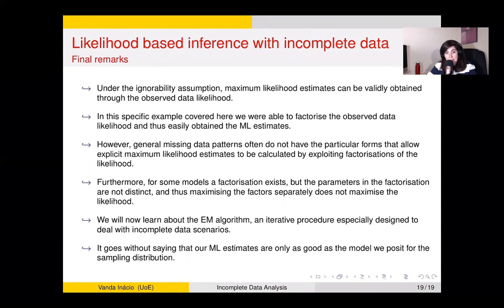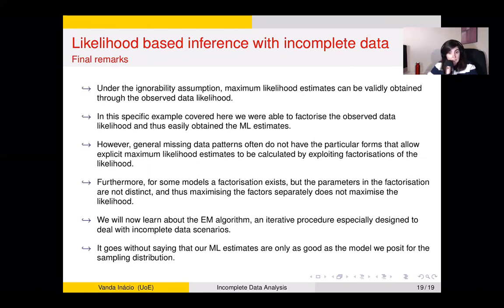As I have already mentioned, general missing data patterns sometimes do not allow an explicit factorization. And even if we are able to factorize, if the parameters are not distinct in the factorization, then I cannot use the trick of maximizing the different terms separately.